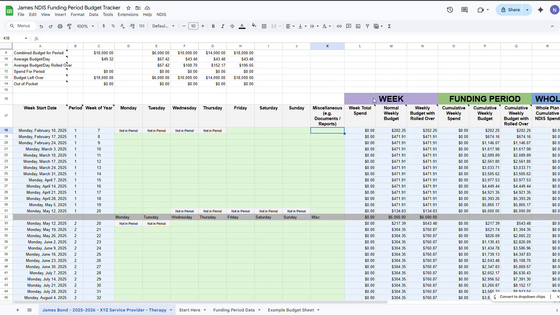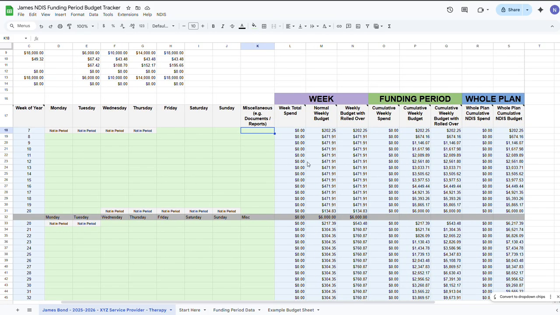Then if we come over here, on the right hand side, it will do some calculations for us. It will show us the total spend for the week, which would be the combination of all of the days of the week and the miscellaneous. So that's how much in total I would spend for that week. It gives me how much budget is for that particular week.